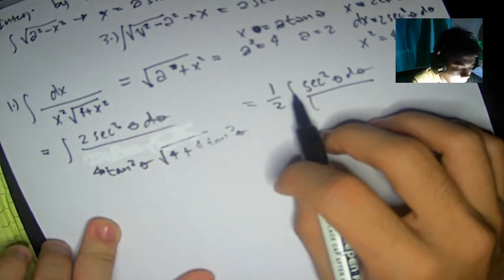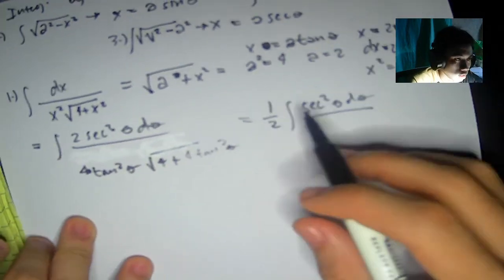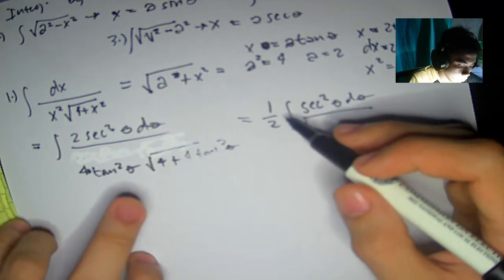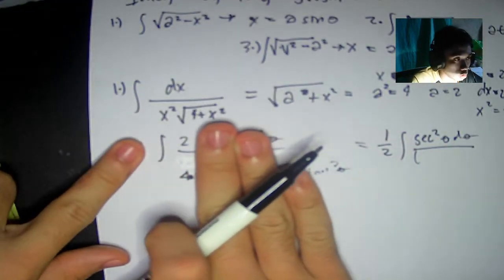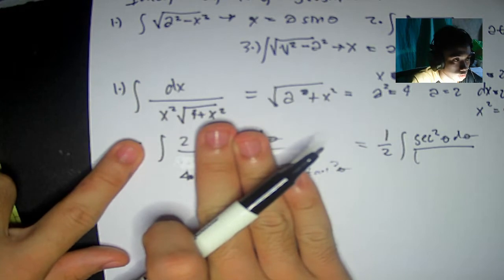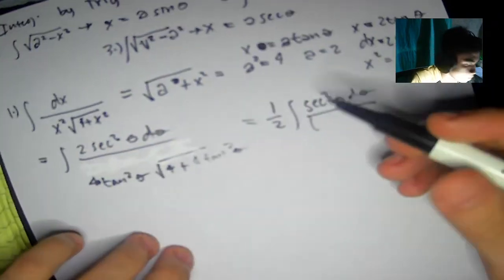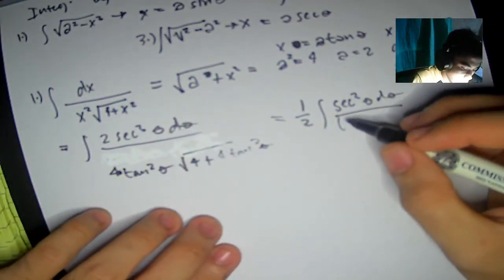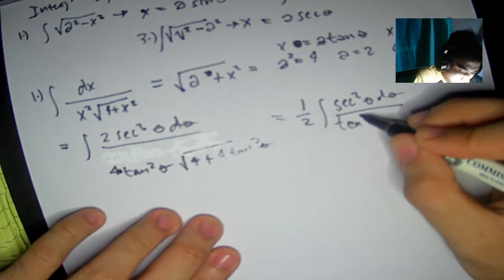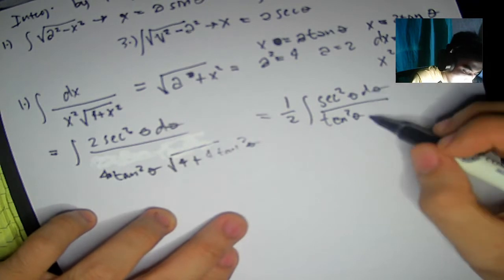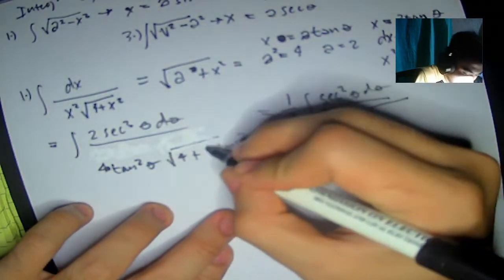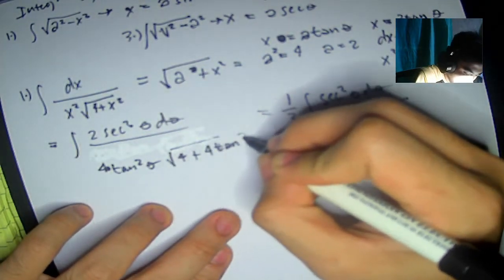I should write this as 2 over 4 first, because if you cover this, you'll just have 2 over 4. So that's where our 1 half came from. So we'll have tangent squared theta and square root.